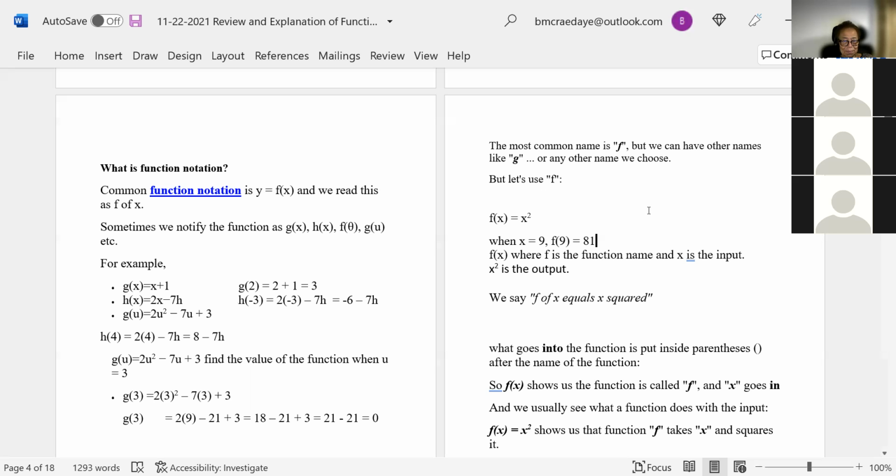All right. Input, relationship, output. Here the relationship is squaring the variable. Input, this is the output, input, relationship, squaring the variable.